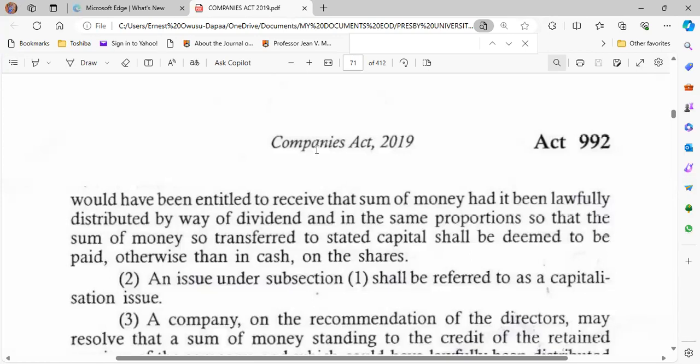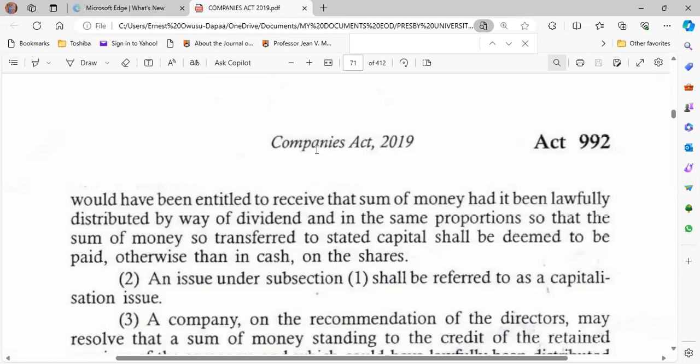When the shares are issued to you, in the company records, the company is going to make an entry that you are fully paid for those shares, because you have money which ought to have been paid to you as dividends, but it's not being paid to you. In lieu of that, you are being given more of the unissued shares of the company. So let's keep that in mind.